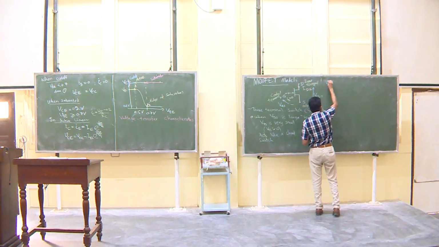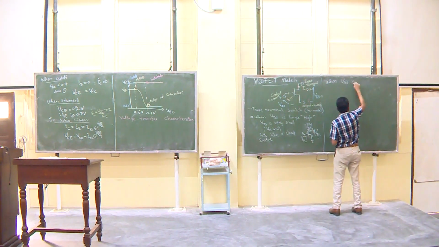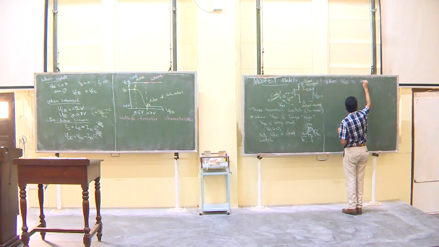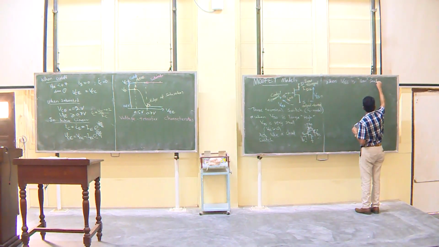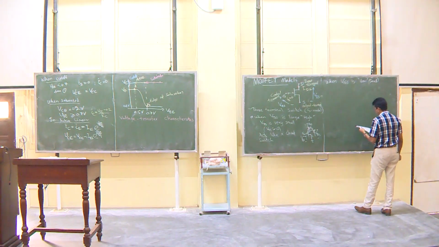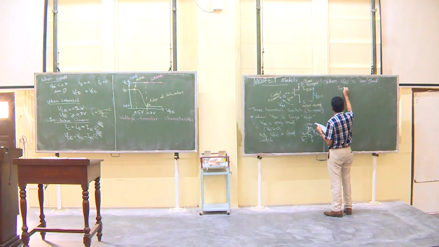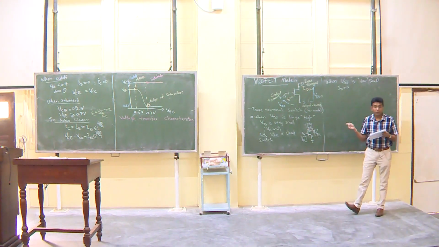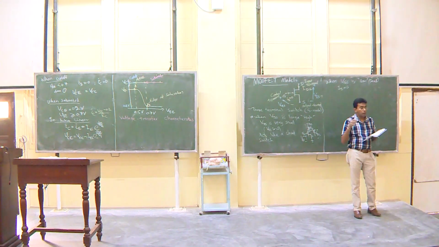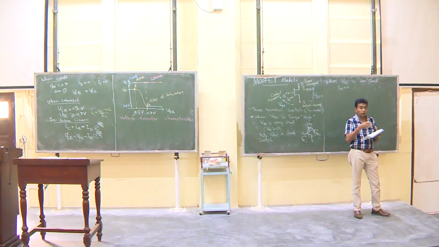Similarly, when VGS is low or very small, then ID is equal to 0. If ID is equal to 0, that means, remember how do we characterize an open circuit?